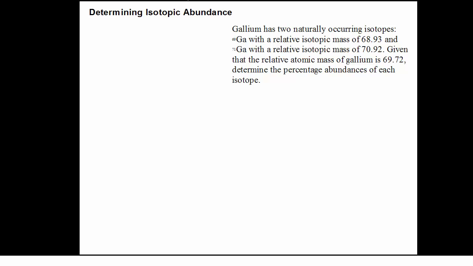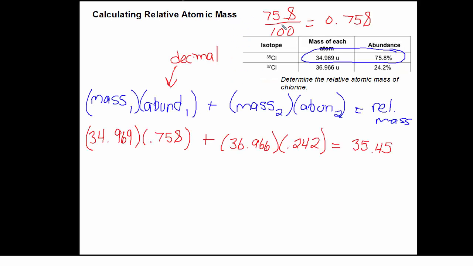So now I'm going backwards. In the gallium question, you're being asked to find this column, and you've actually been given this value. Take a moment, try to use this formula to solve for the abundances. The hint for the abundance is that, remember, what is percent based off of?